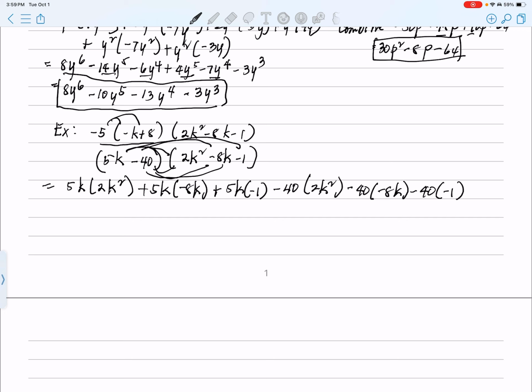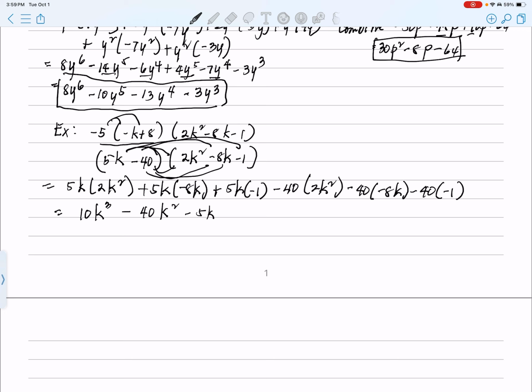Oh, that's a string of numbers. So we're going to simplify. 5 times 2, that's 10. K times k squared, that is k cubed. 5 times negative 8, that's negative 40k squared. 5 times negative 1, that's negative 5k.